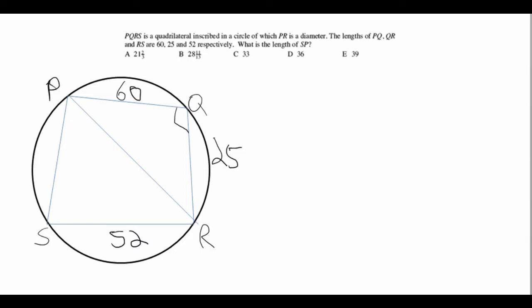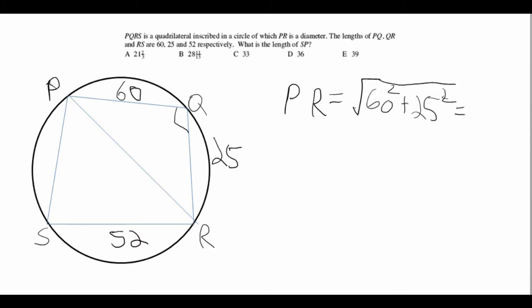And so we can start using Pythagoras' theorem. So we'll end up with PR is equal to the square root of 60 squared plus 25 squared, which comes out as 65. So the length PR is 65.